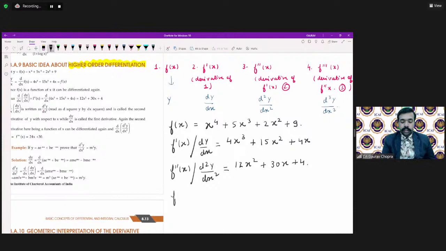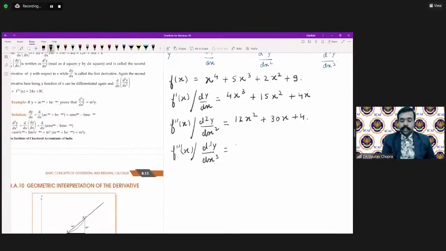And for the third one, f triple dash x, or we can say d3y upon dx cube, it will be 24x plus 30. So all these are the double derivative and the triple derivative. Got it?